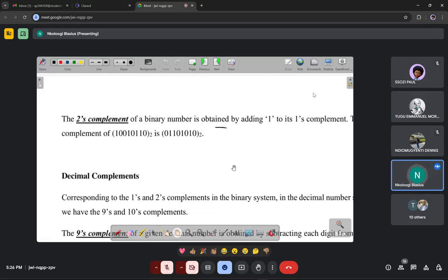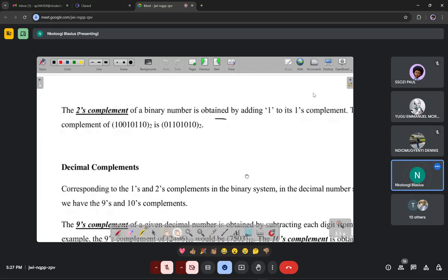Didn't you understand the concept of the twos complement or what? Yes, I failed to understand the second one. But were you in the call? Sorry, I just came in the middle of the class. So you will watch the video because we cannot go back in and out, in and out. It means that you either were not in the class or you were sleeping.